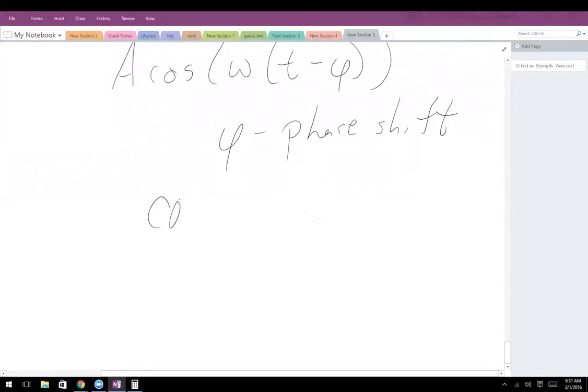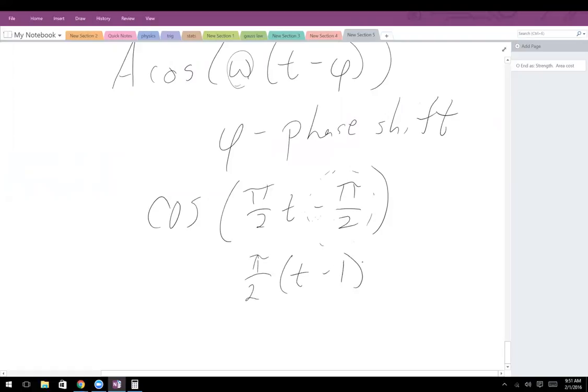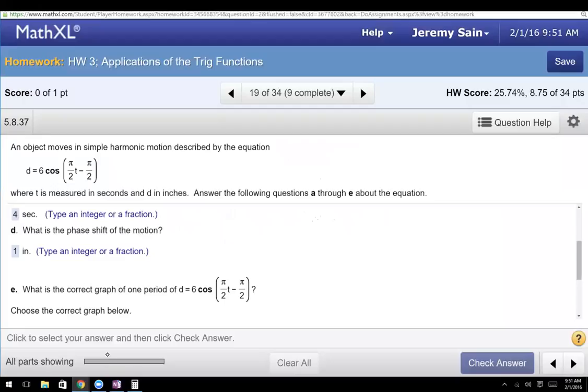But what I forgot to do last time is that the phase shift isn't just this pi over 2. You're supposed to factor the omega out first. So this is pi over 2 times (t minus 1). So this minus 1 right here is the phase shift. I forgot to do that the first time.